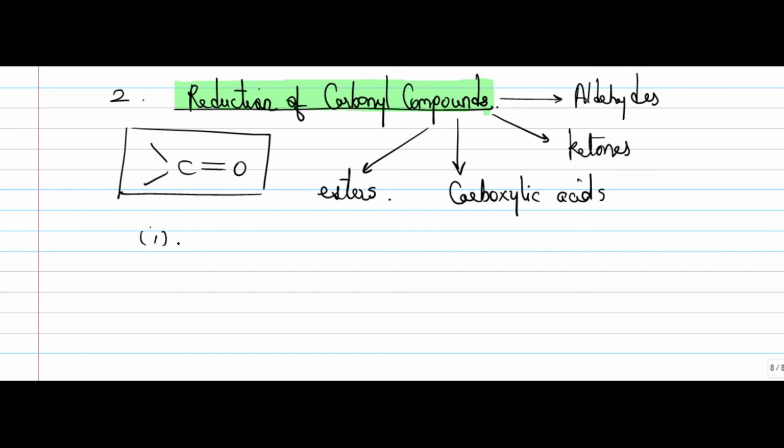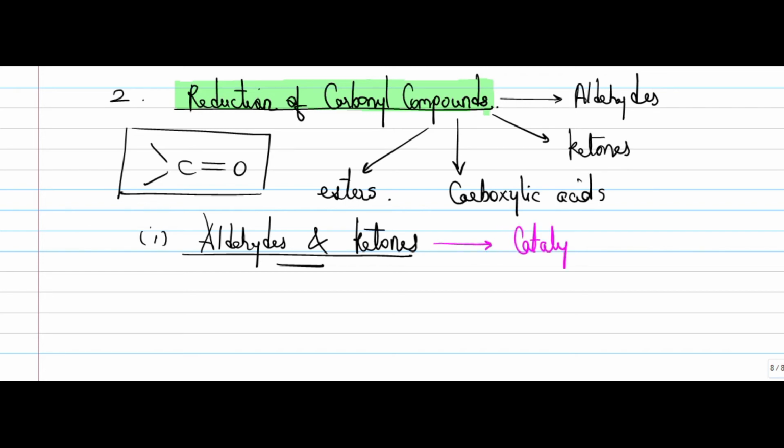So aldehydes or ketones. Aldehydes and ketones, they can be reduced by different reducing systems. One, we can perform catalytic hydrogenation. Now catalytic hydrogenation would be hydrogenation in presence of Pt, Pd or Ni generally.